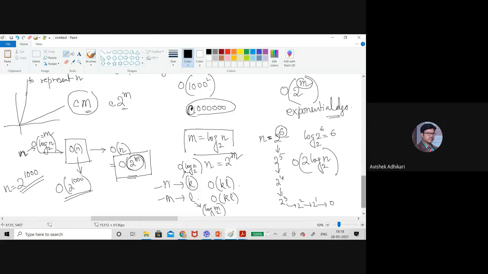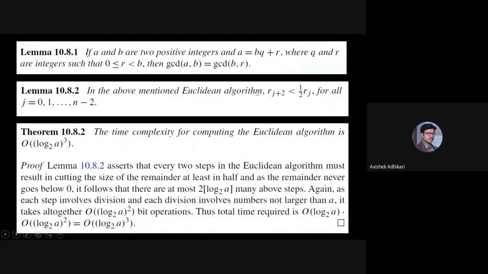Now since a is larger than b, no numbers will be bigger than a, so all the numbers are bounded by a. So that's what it says, that it requires l into m. So l is log a base 2, m is also log a base 2.